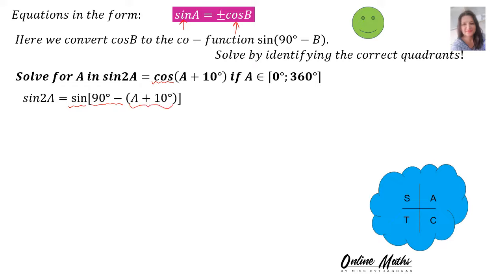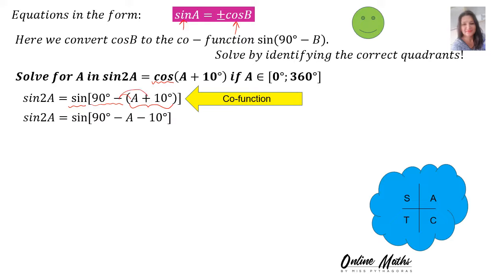Remember, that was using co-functions. So sin 2A is then sin 90, and now we multiply in the minus, and sin 2A is equal to sin(80 degrees minus A).